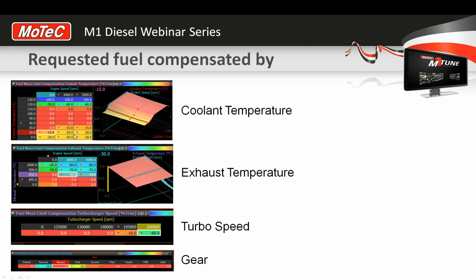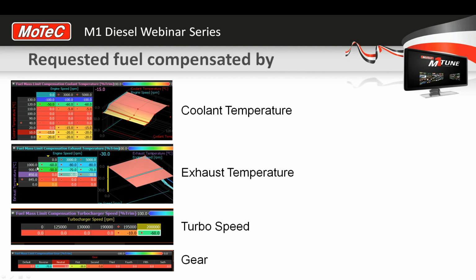So we can obviously remove fuel when we're too cold. We don't want the driver making too much power potentially when the engine's cold, and we can also remove fuel when we get hot. So here you'll see in this example, if our coolant temperature gets to 130 Celsius, basically we're pulling everything out, so this engine will just idle. Okay, same for exhaust temperature.